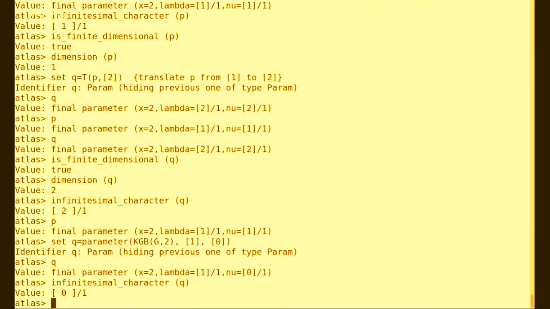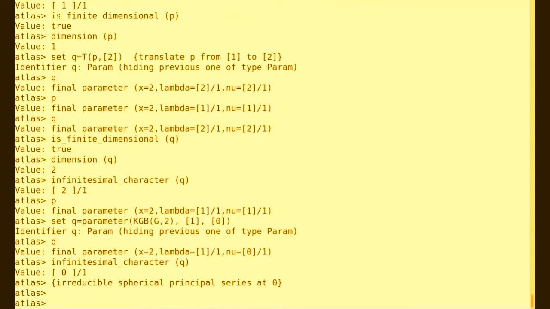So what representation is this? Well, I started with the spherical principal series at rho, and I kept lambda and I changed nu. So it's still spherical at infinitesimal character 0. This is the irreducible spherical principal series at 0.